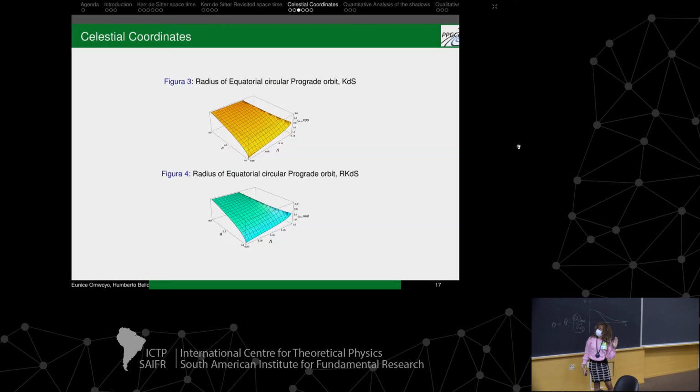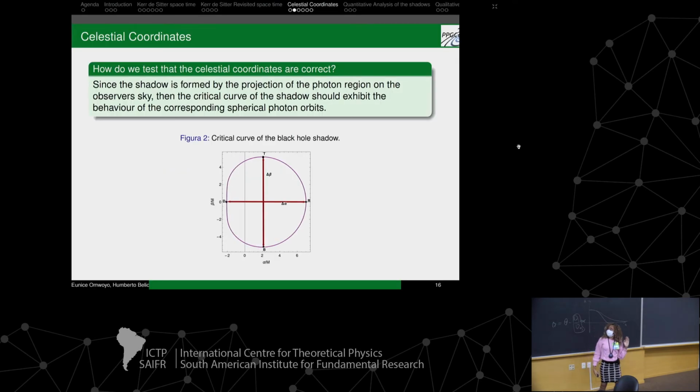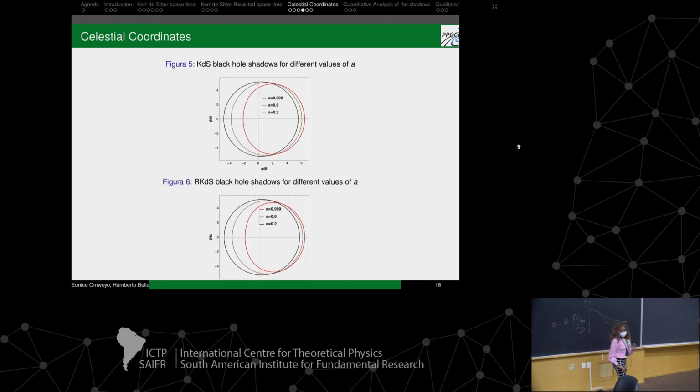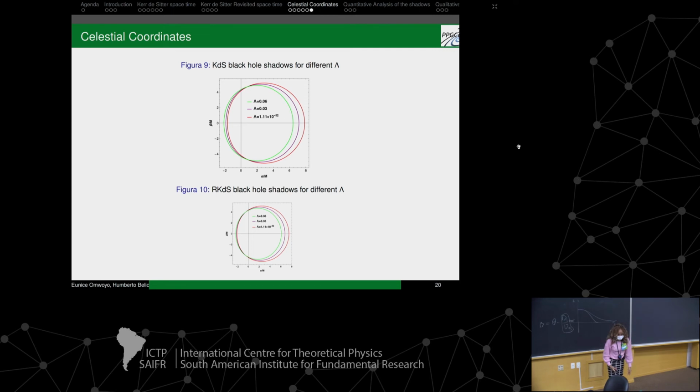As we increase the value of the cosmological constant, point D should be increasing. In that way, it should be moving towards the right. And that's the behavior we found.